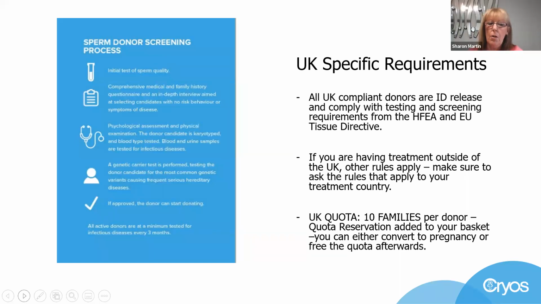What would you say was the single biggest selling point why someone should use a donor bank as opposed to using unregulated closed Facebook groups? We've seen them out there for someone that's seeking donor sperm. The obvious is the screening.